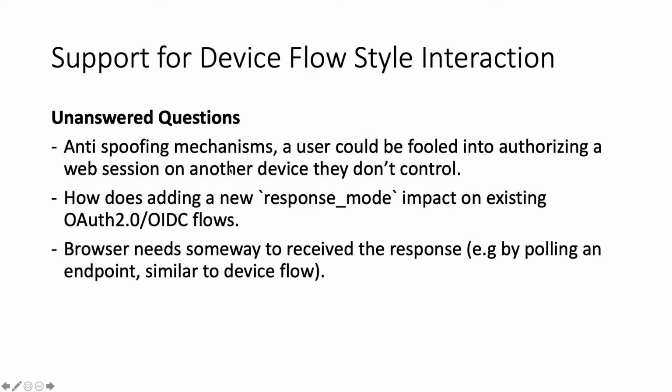Also, how does adding a new response mode impact existing flows? And browsers need some way to receive the response, similar to how a client polls an endpoint in OAuth device flow.